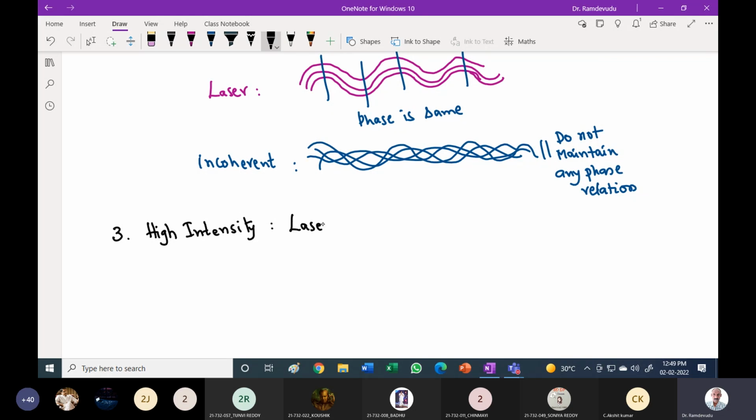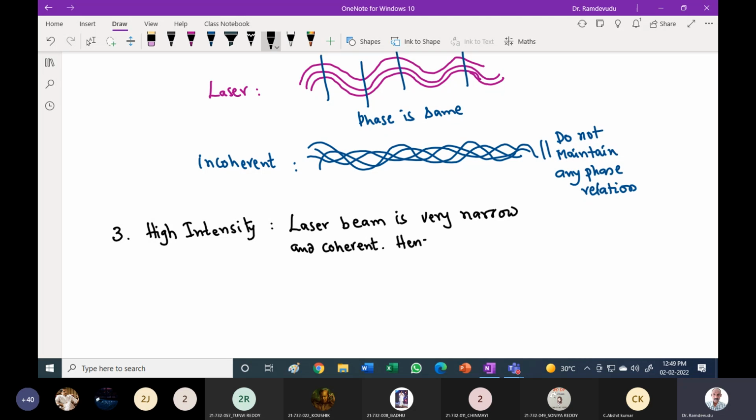The laser beam is very narrow, narrow focusing and coherent.